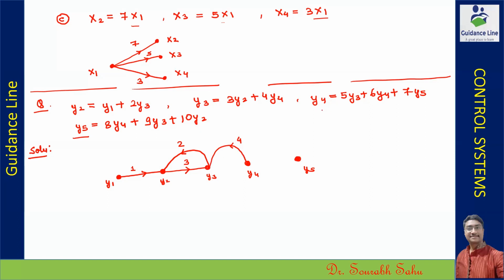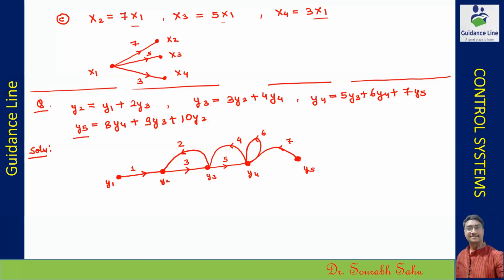Apart from that, for y4 we have 5 times y3, then 6 times y4, which represents one individual loop starting from the y4 node and ending at the y4 node itself, with a gain of 6. And then we have 7 times y5.